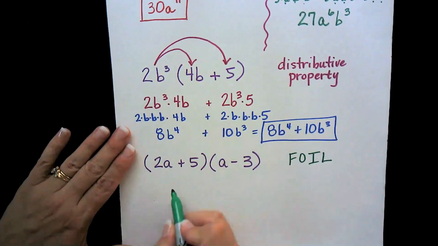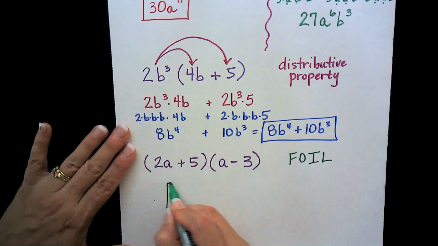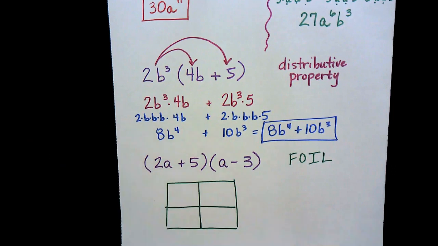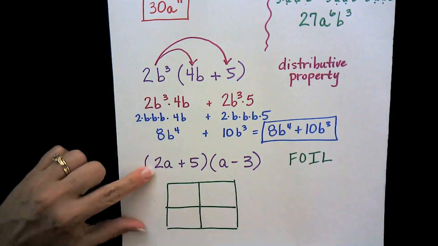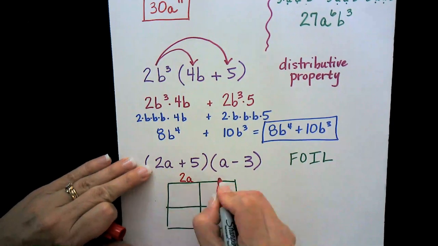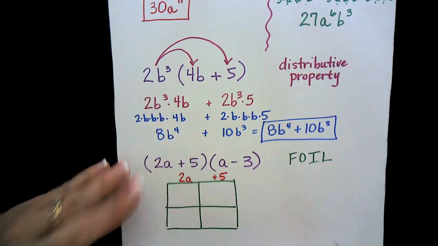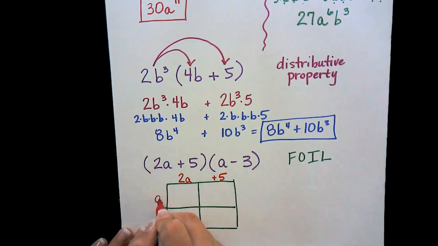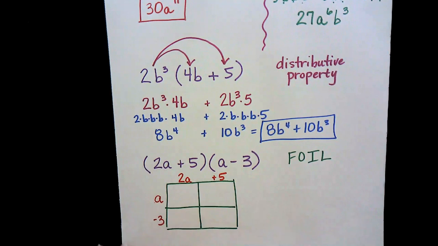I'm actually going to use a box to kind of organize that multiplication. And I'm going to put these terms from the first parentheses on the top. So I've got 2a and I've got positive 5. And then I'll take these two terms and put them on the side here. I've got a and negative 3.